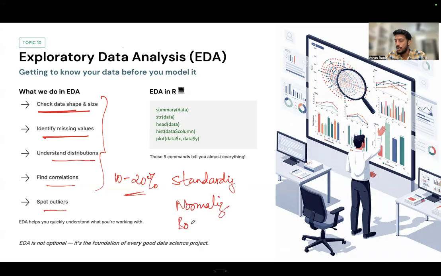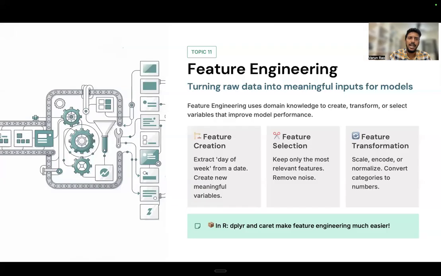You have Boolean values that we work on, right? And you might have to add new columns, that is impute information based on the problem statement. So there's a lot that goes, right? And to do this, this is what we call as EDA, which is exploratory data analysis.